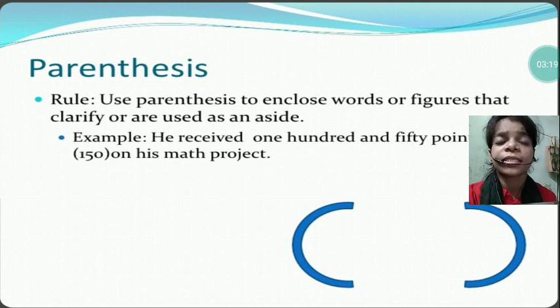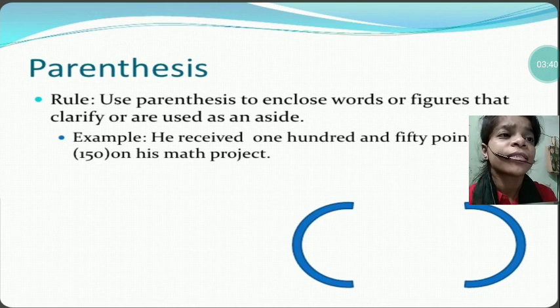Next one is parenthesis. If there is a sentence written and we have to indicate some hidden word, without which the sentence will still be complete, then it is called parenthesis. Now you can see: he received 150 points on his maths project.